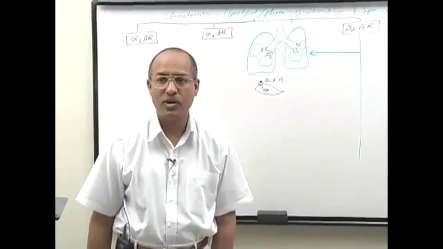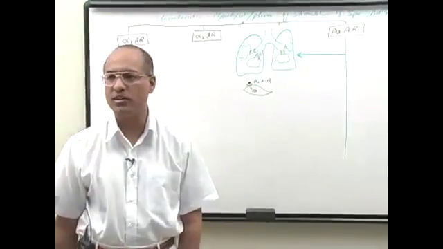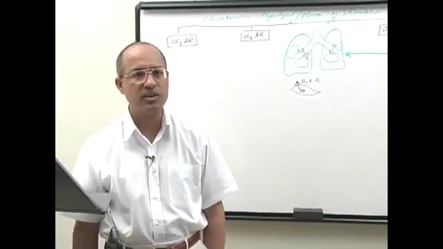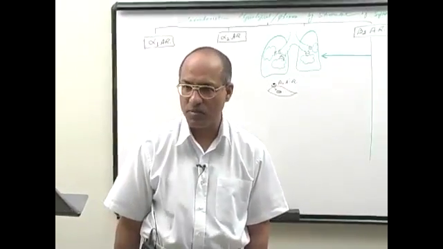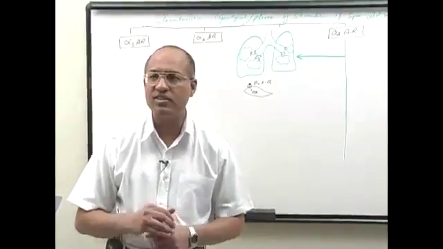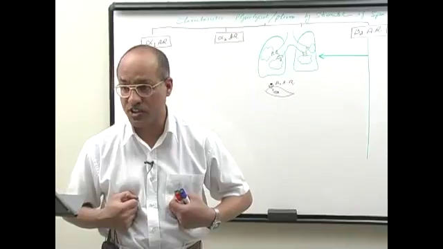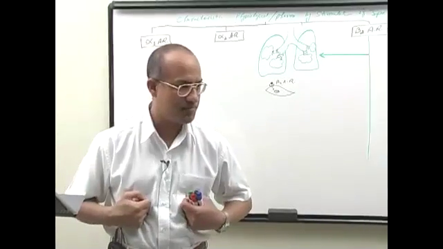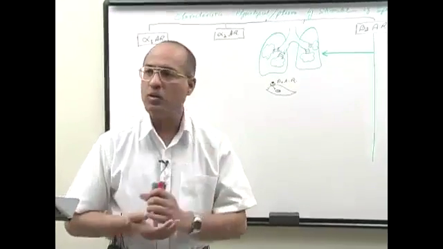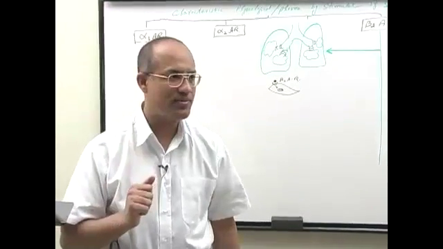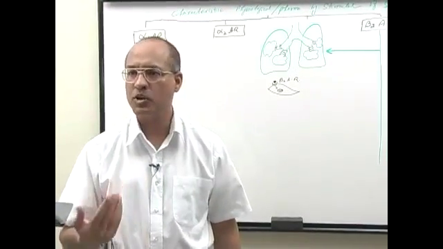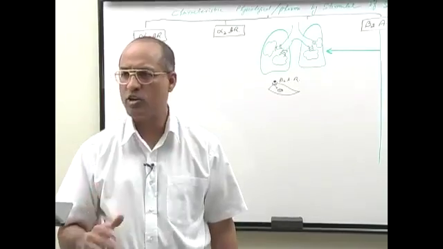Pharmacologically, we take advantage of this mechanism in patients with asthma. Patients who have a tendency for generalized bronchoconstriction, like patients with asthma. In patients with asthma, we give beta 2 stimulants like albuterol or terbutaline.